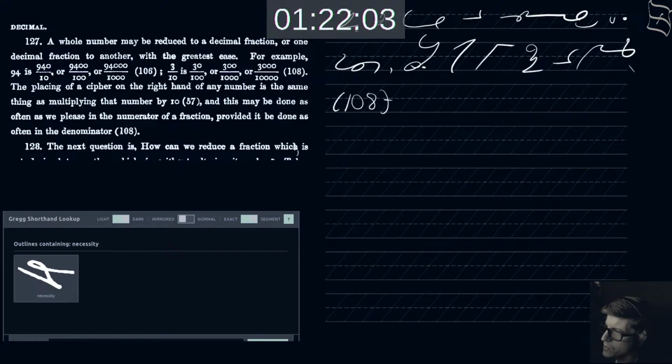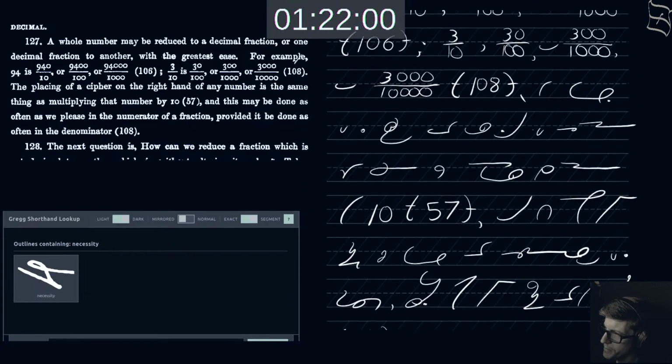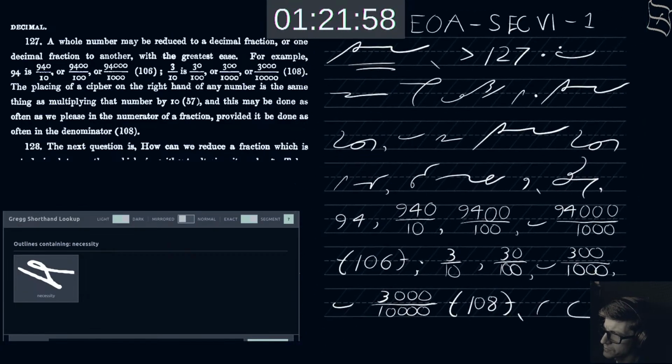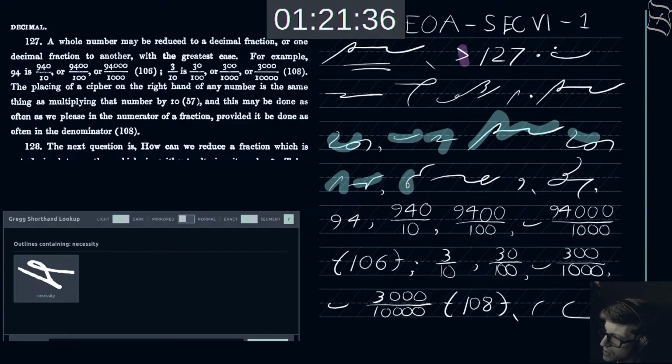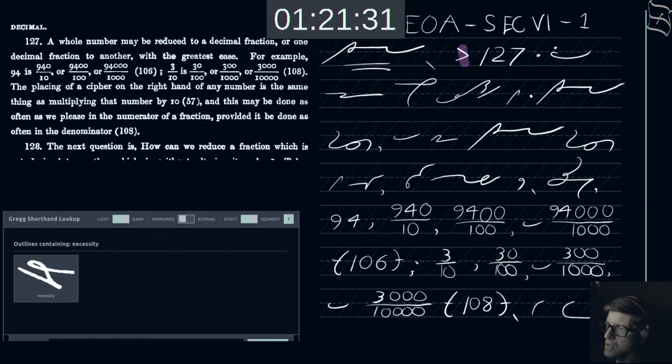Alrighty, let's go ahead and read back over 127, and then we continue. A whole number may be reduced to a decimal fraction, or one decimal fraction to another, with the greatest ease.